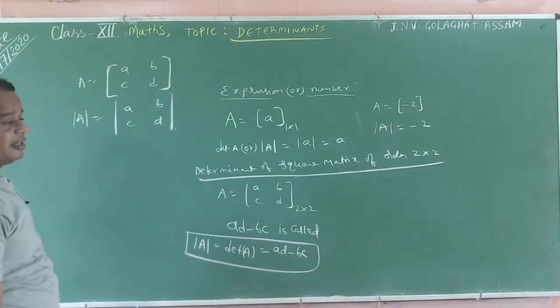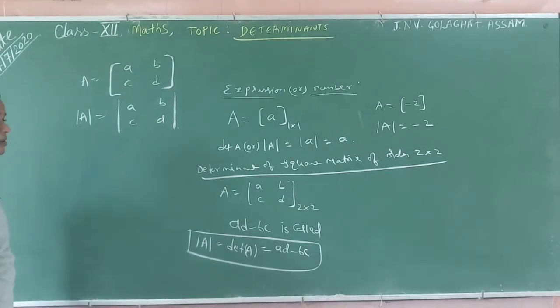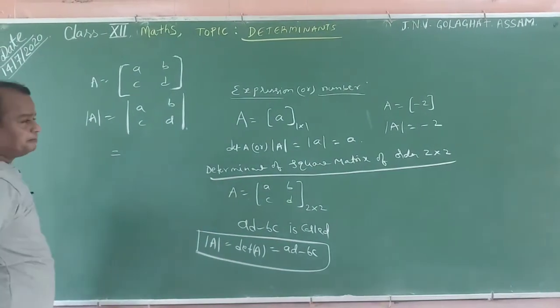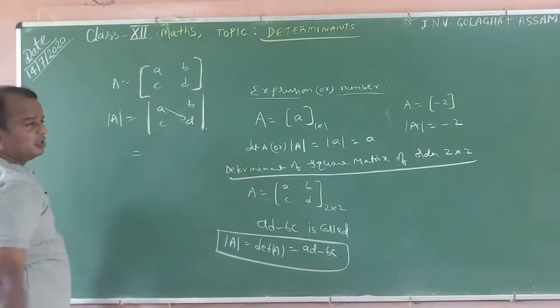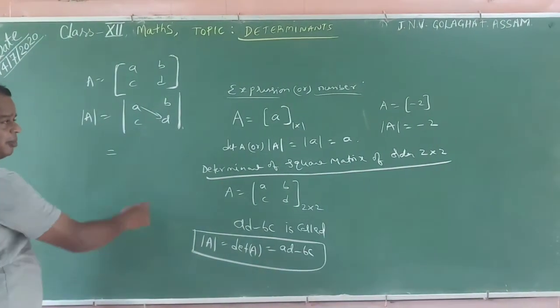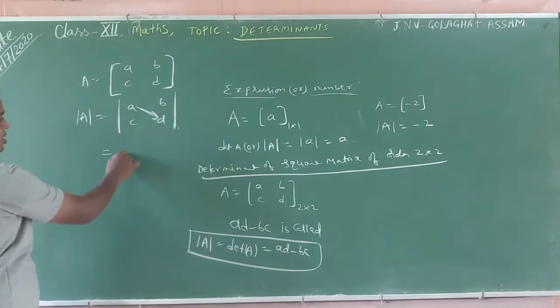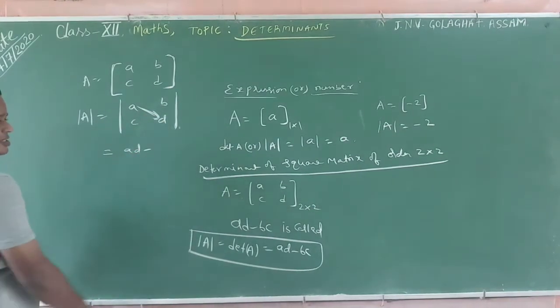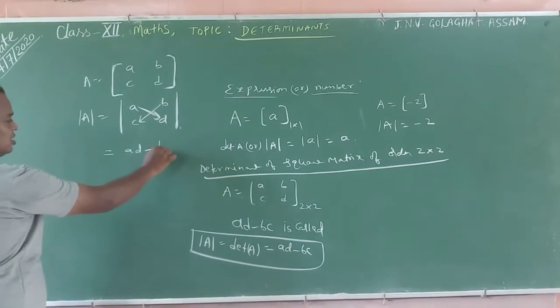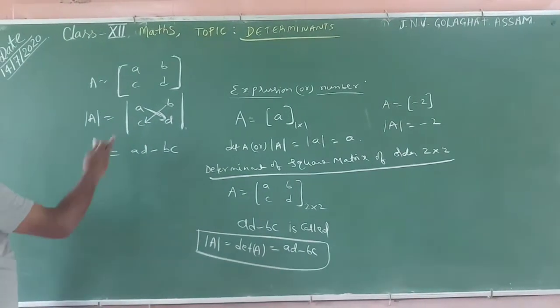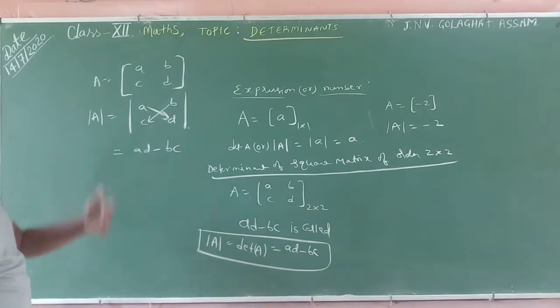Whenever you write the determinant, compulsorily write it in vertical bars. Now this is equal to the cross multiplication a into d, ad, minus the other multiplication, that is bc. That is ad minus bc. This is the determinant of the given matrix.